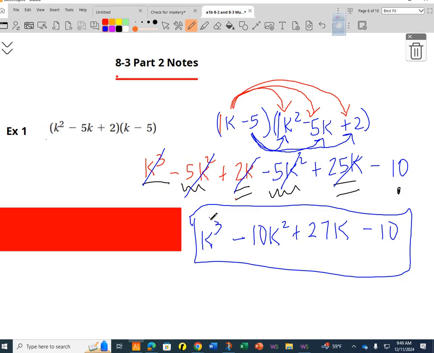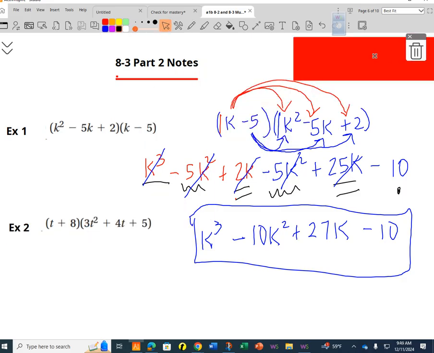Any questions, Kendall? Make sense, Keyshawn? Make sense, Anson? Okay. So we're going to do one more, and then I'll help you set up your word problem. So we're going to do example 2, t plus 8 times 3t squared plus 4t plus 5.